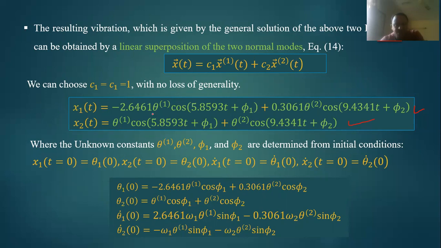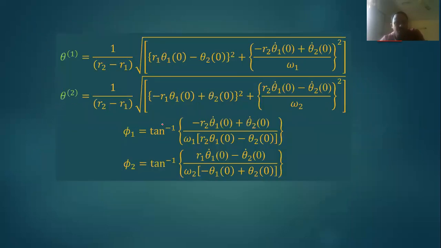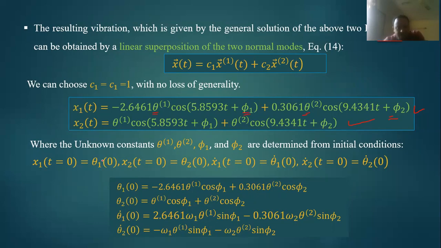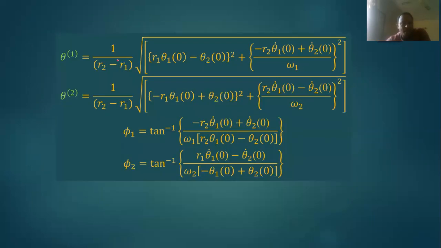We have this constant, again this constant, and this constant. All should be determined from the initial conditions. So applying these initial conditions, we have the theta 1 equation, this theta 2 equation, phi 1, phi 2.